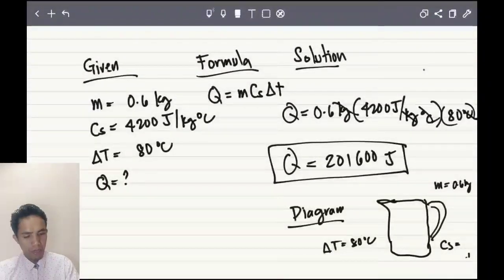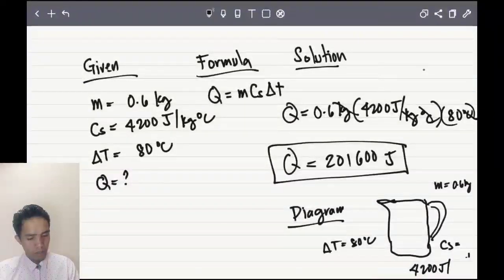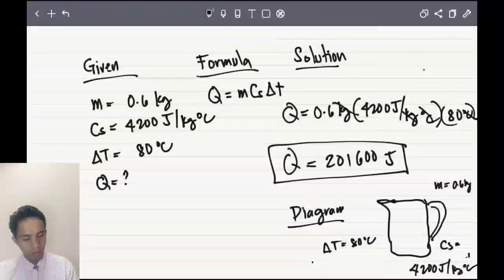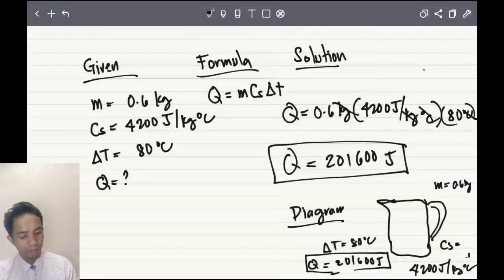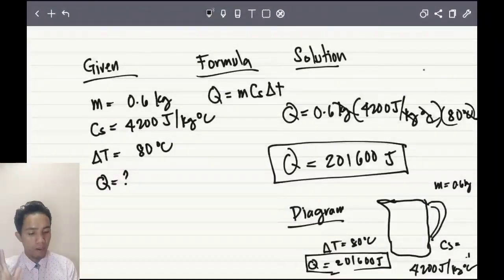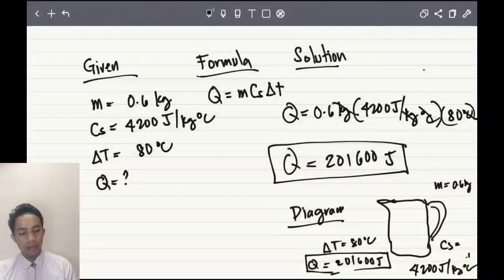Okay, so we need to write properly. And then Q equals 201,600 joules. Okay, so that's it. So we have the given, we have the formula, and we have the solution using the formula of heat and specific heat capacity.